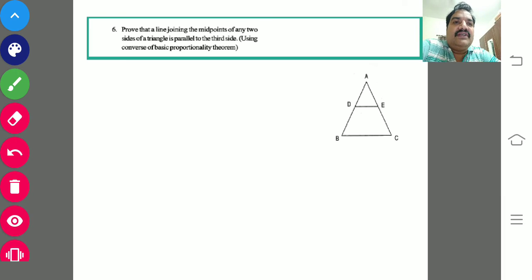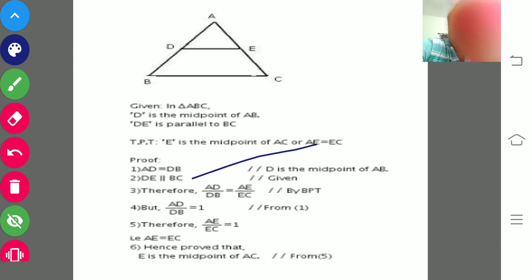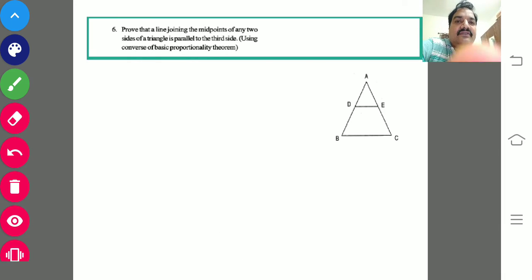So in the first question, what is given? DE is parallel to BC, D is a midpoint of AB. So you proved that E is a midpoint of AC. But in this question, something is different. Prove that a line joining the midpoints of any two sides of a triangle is parallel to the third side.